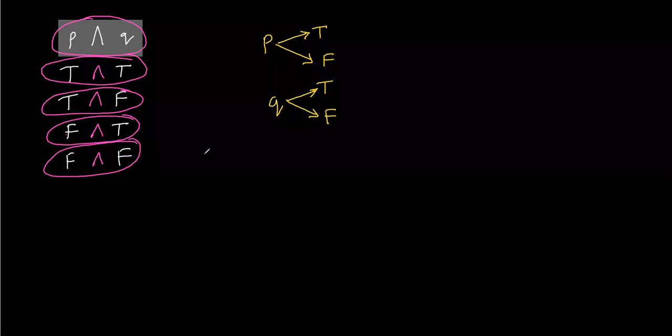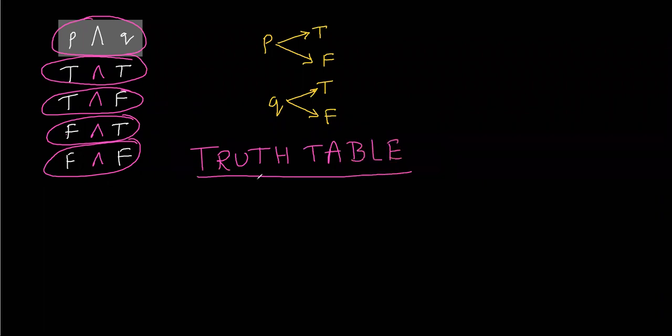So here we will now introduce the truth table. Why truth table? How does truth table help us? Truth table gives us the truth value of a compound statement for different possible combinations of the truth values of its component statements.